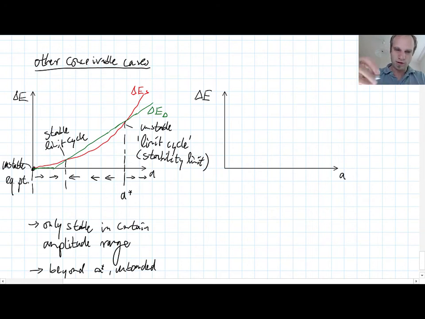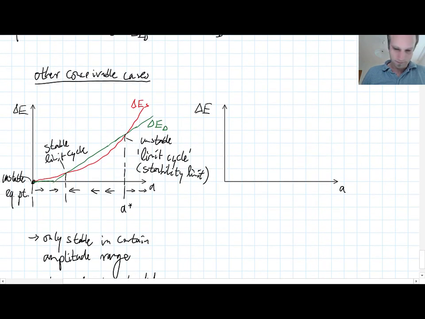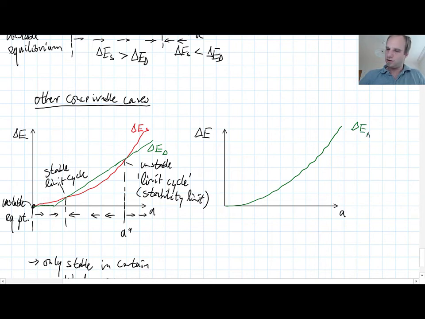Now, to show you also another case, let's say the dissipated energy now has this sort of linear behavior, and because it's linear viscous damping, we get a parabola for the energy change.